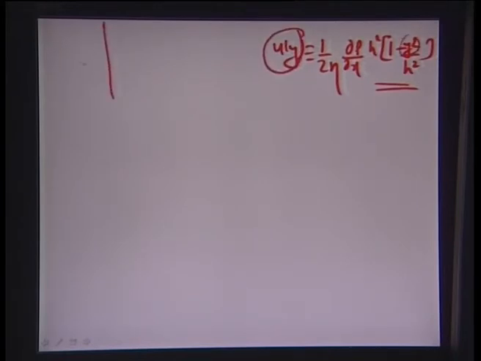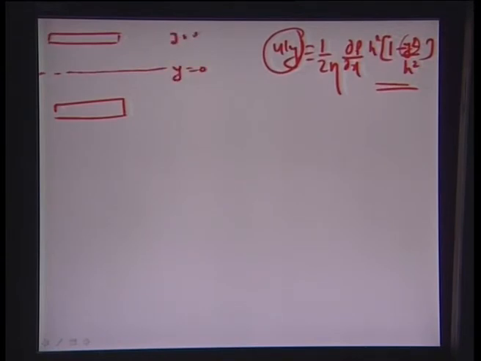So essentially if you look at the flow profile within this particular channel that I would be drawing in about a minute, you have two fixed plates here, and you have the central axis, y equal to 0 along this, y is plus h here, y is minus h here. So essentially it's a parabola, u(y) varying as the square of y.